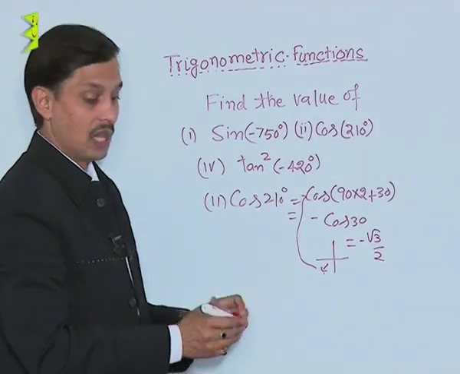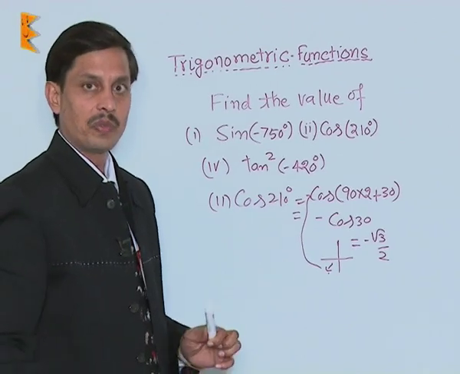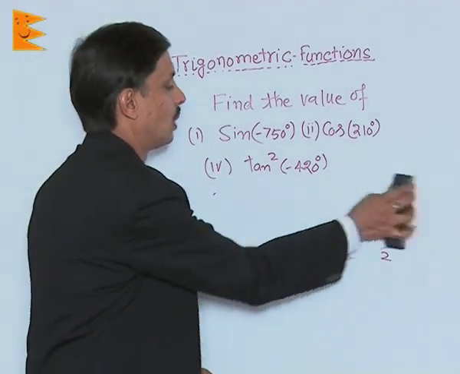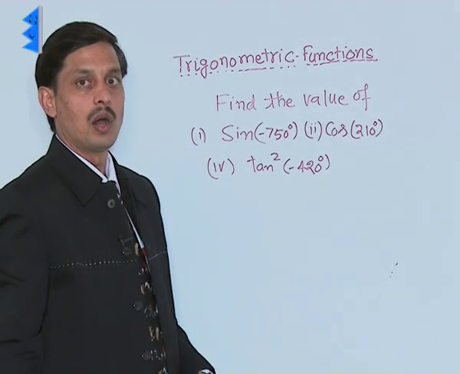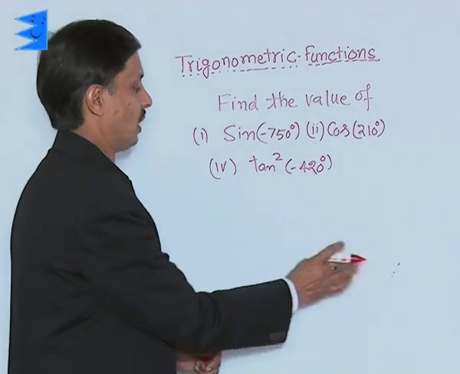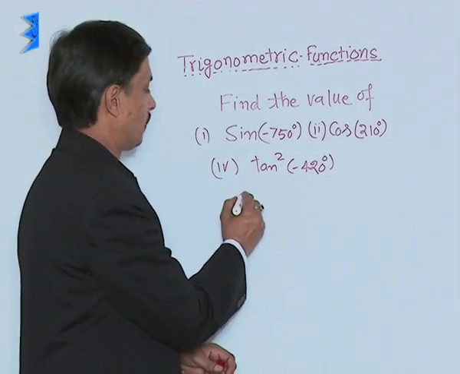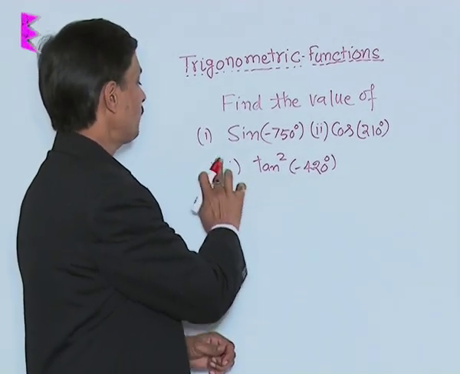Similarly, I can share the value of the third part, that is how to calculate the value of tan square of minus 420 degree.